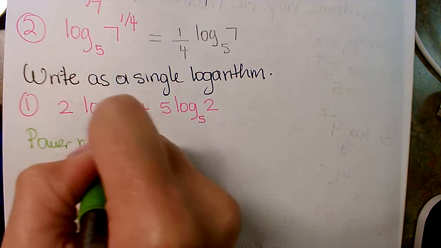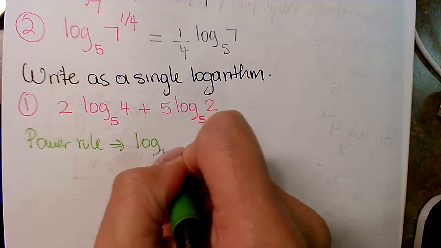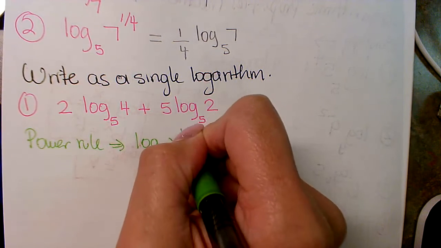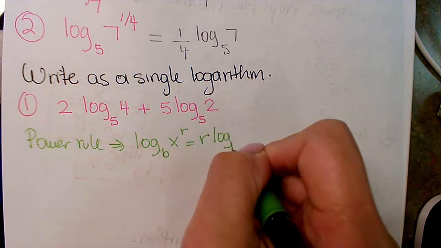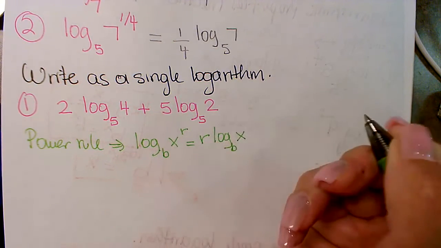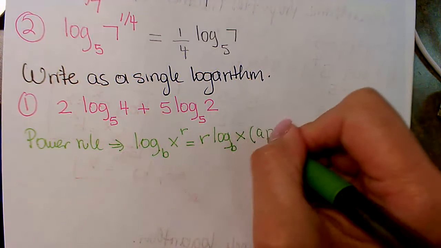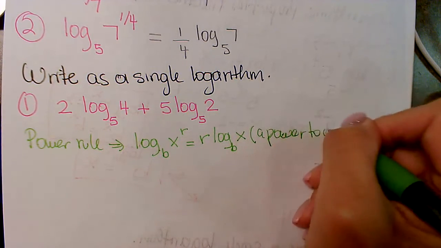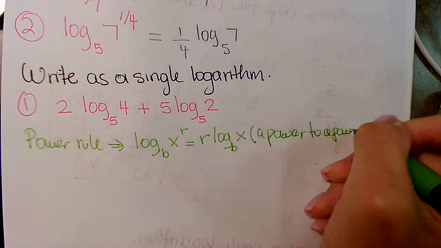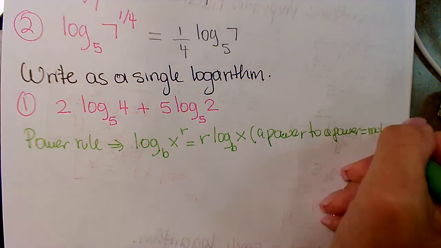Okay, the power rule says when I have log base b of x to the r, this is equal to r log base b of x, right? And this is what we call a power, and this is equal to multiplied.